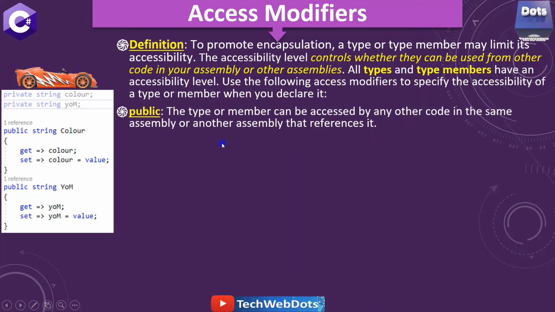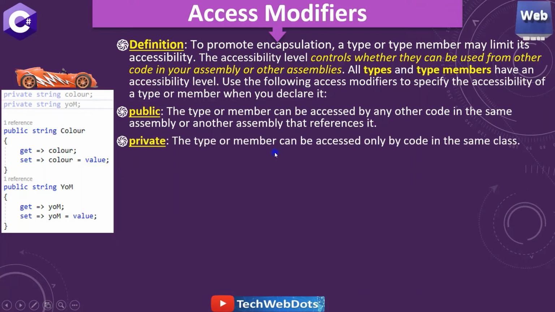There are many other access modifiers, and what are those? Let me explain. One is public, which we are applying on properties. Public says the type or member can be accessed by any other code in the same assembly or another assembly that references it. And there is one more, which is private. The type or member can be accessed only by code in the same class.